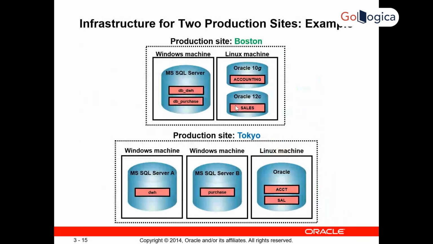Now, for example, I have a requirement like this. I have two production sites, one in Boston and one in Tokyo. One has MS SQL Server and one has an Oracle database. These are the environment boxes which I have in my two environments, Boston and Tokyo.